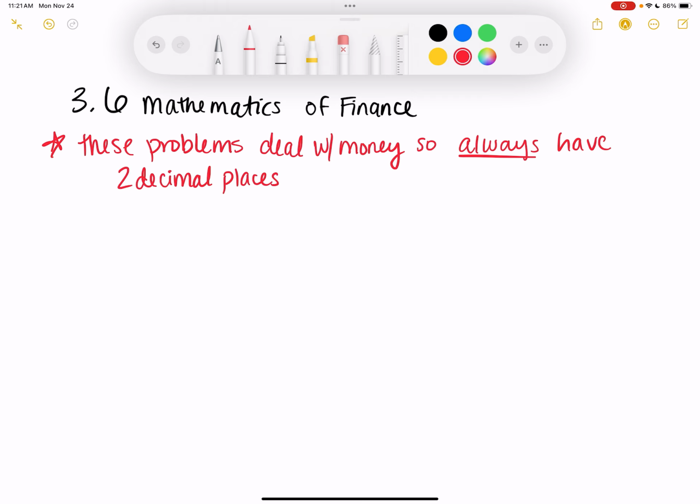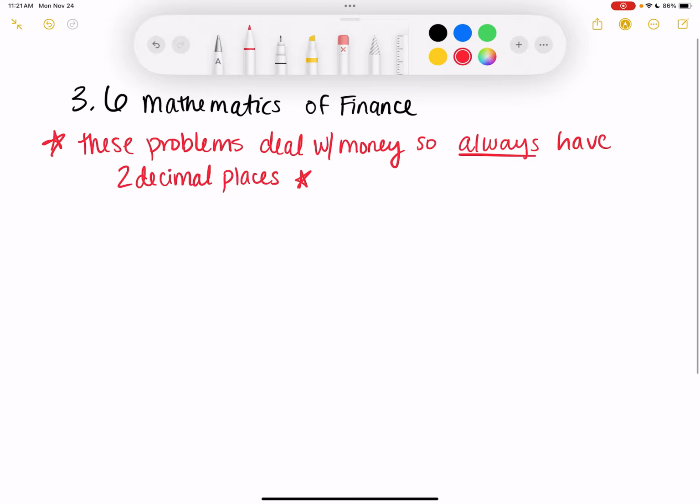Now, if it comes out to an even dollar amount, you don't have to have 0.00, but most of them are not going to come out to a nice even dollar amount. So don't say, I have $325.5. That's 50 cents. You need to put the 0 on it, because anytime we're dealing with decimal points with money, we want 2 decimal places.